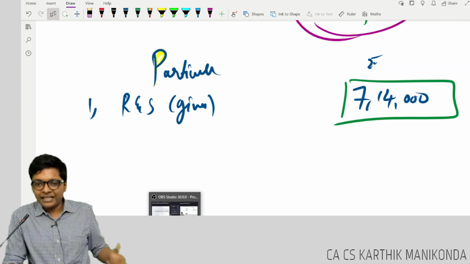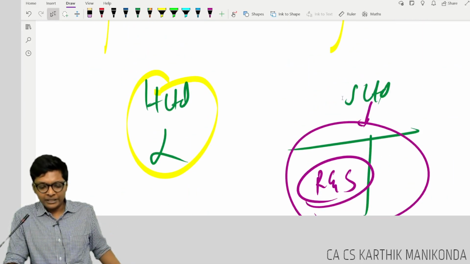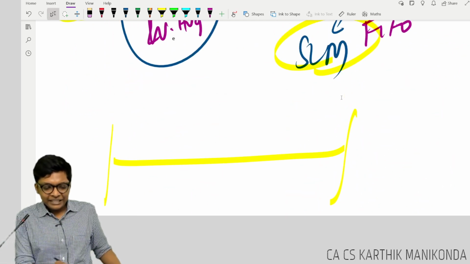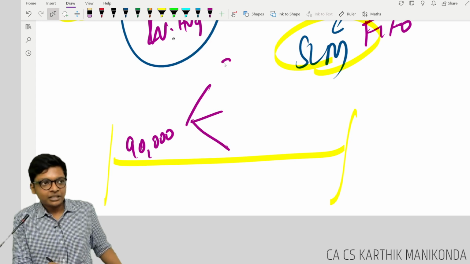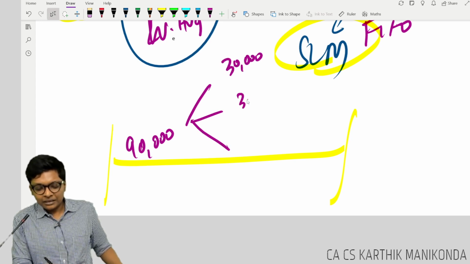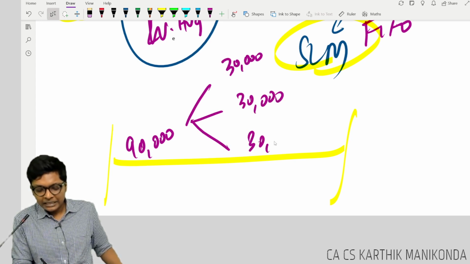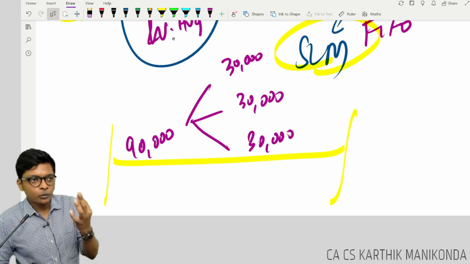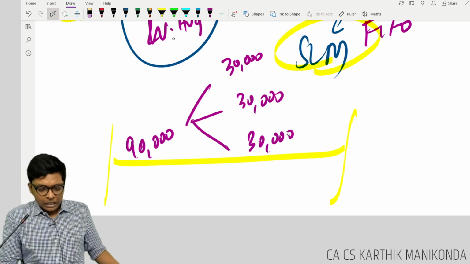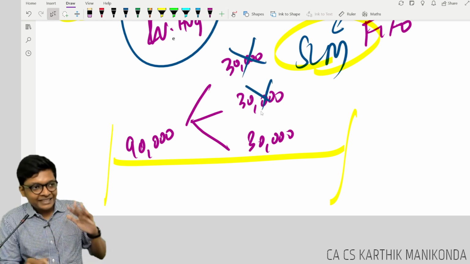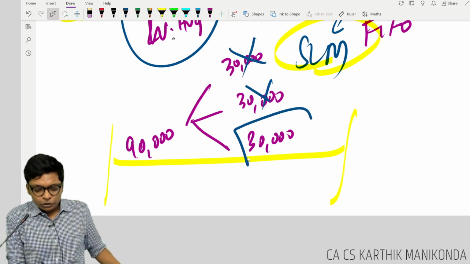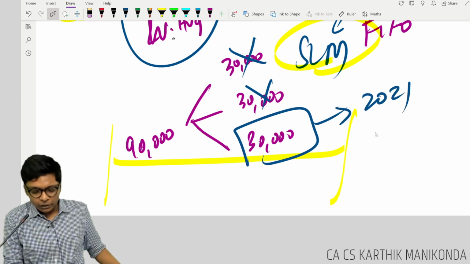That means their idea is, they initially incurred 90,000, in which they are writing off 30,000 in each of the years, year 1, year 2, year 3, correct? In that, how much is already written off? 60 is already written off, that's why 30 is now there in the balance sheet of 2021.